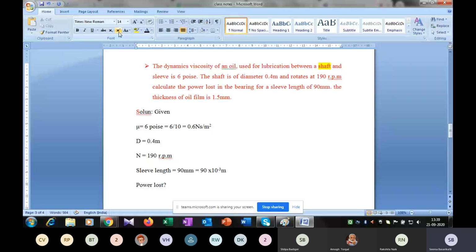Okay. Next, the thickness of the oil film, that is small t, equal to 1.5 mm. So this is equivalent to 1.5 into 10 raised to minus 3 meters.